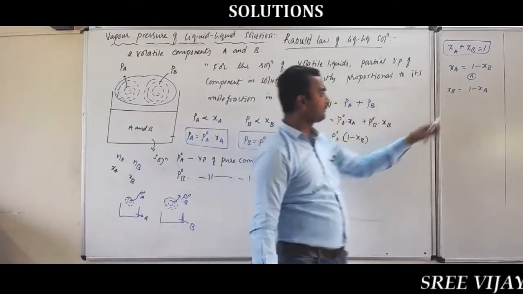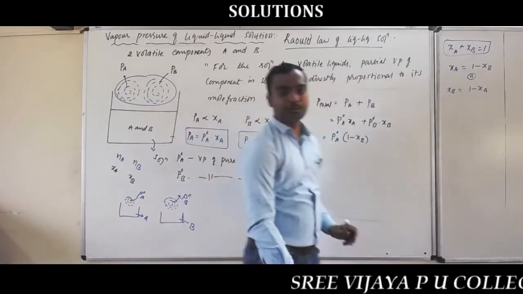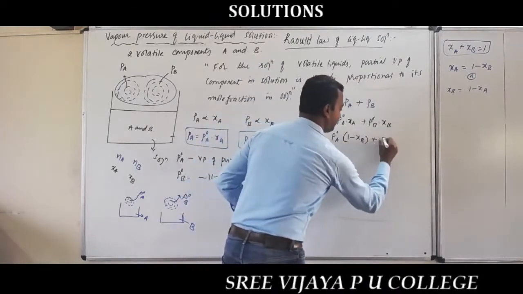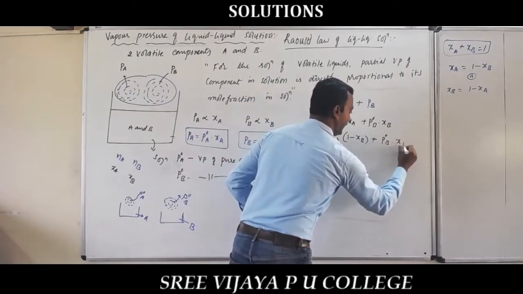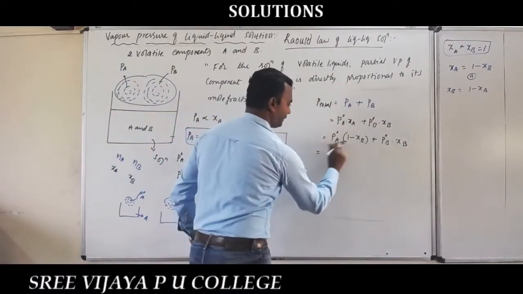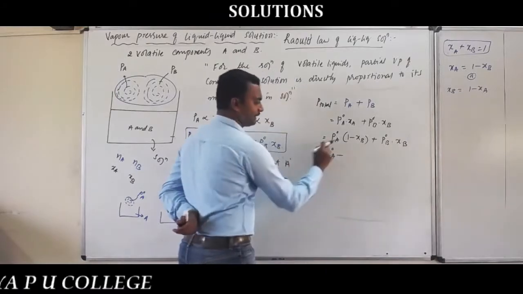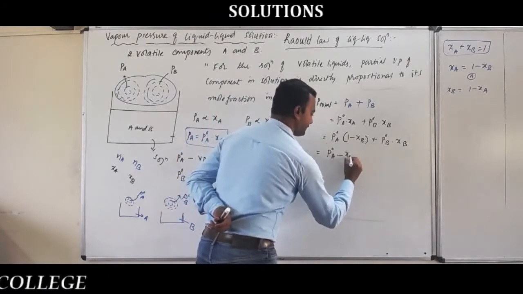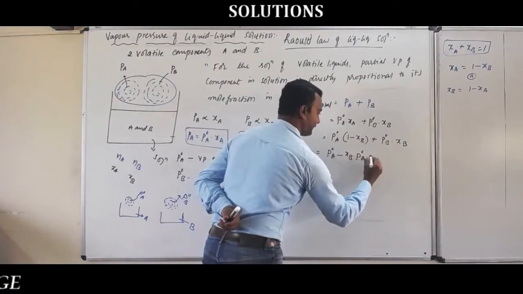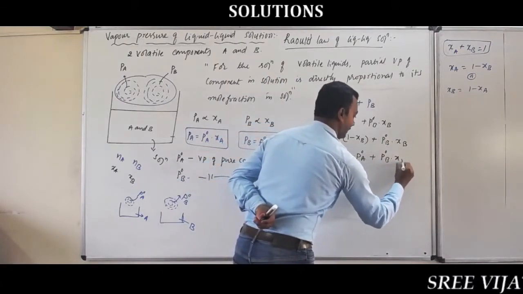That is, XA, the mole fraction of component A, is equal to 1 minus the mole fraction of component B, plus P naught B into XB. So multiply it out: that is equal to P naught A into 1 is P naught A, plus into minus P naught A XB, plus P naught B into XB.